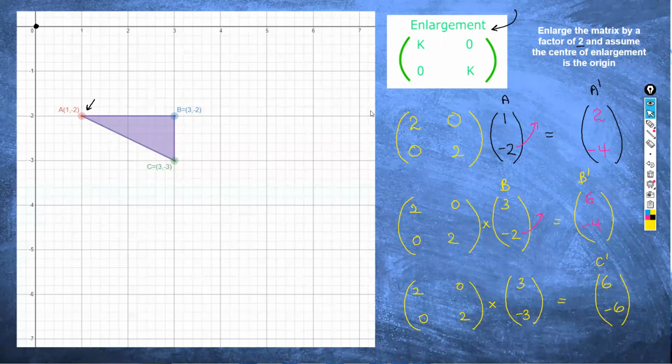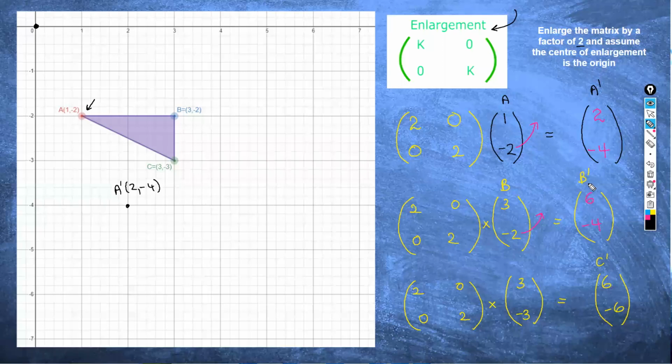So let me plot that. I know some of you are really interested in seeing the drawing method again, so I'll use this example as an excuse to do it. The first point, A dash, is 2, minus 4. So we go to 2 and then down to minus 4.